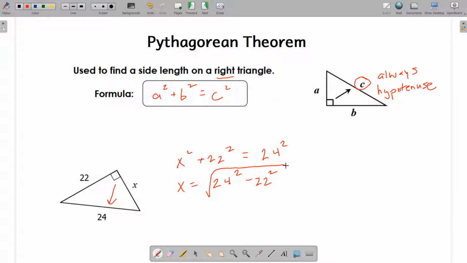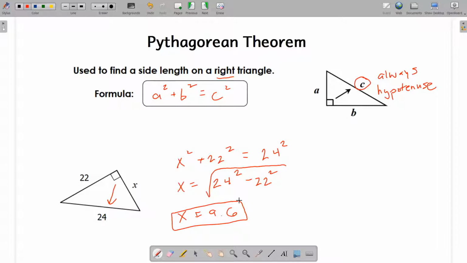The reason I'm doing this before I get numbers is because I can just type it all into my calculator in one swoop and get done quicker. So if we make this calculation, and go out to the tenths spot, one decimal place, we find that x is equal to 9.6. So that's how you use the Pythagorean theorem.